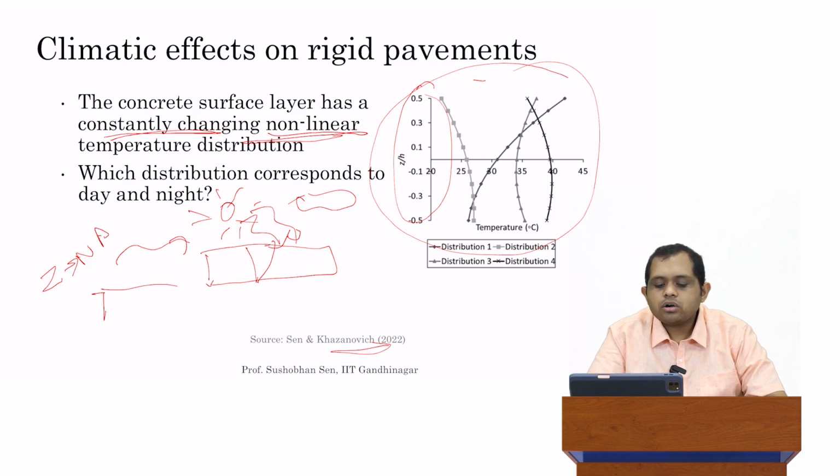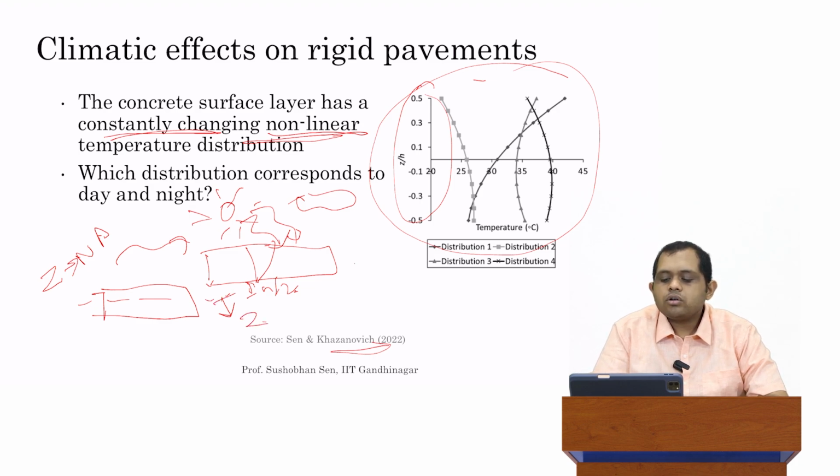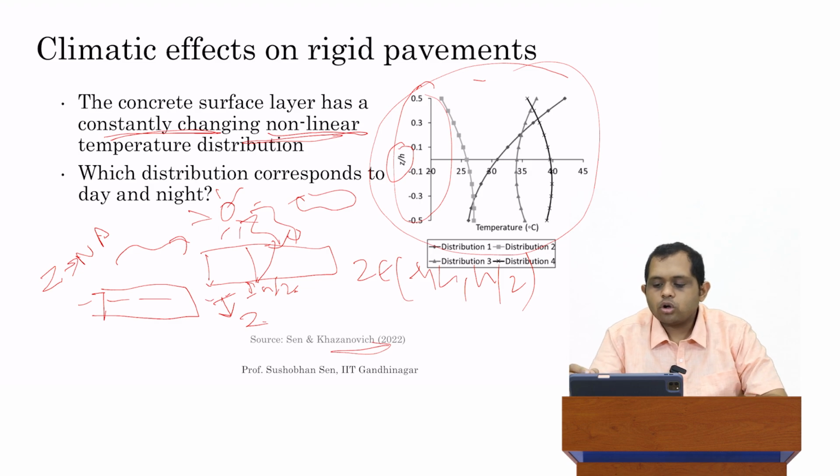If this is my concrete slab and here is my neutral plane, which is going to be at h over 2 in case we have a plane section, which is what we have in this case, then going downwards here, we've got z. So z actually goes from minus h over 2 to h over 2. That's why in this graph I've non-dimensionalized it, so z over h goes from minus half to plus half. So basically you're seeing a figure where this is the bottom and this is the top.